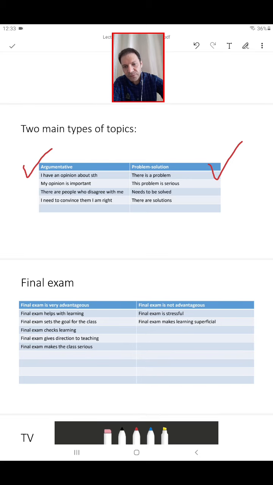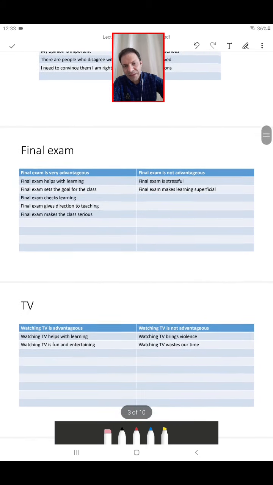For an argumentative topic, you always discuss different points of opinion, different points of view. For example, some of the people say final exam is good. Some of the people say final exam is bad.